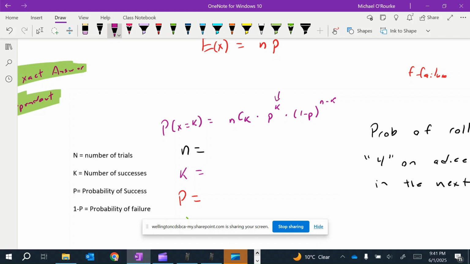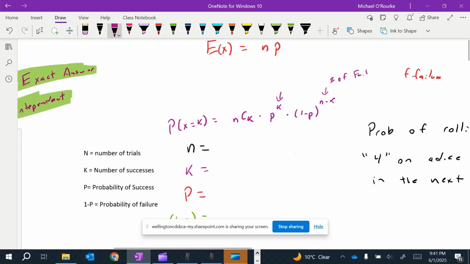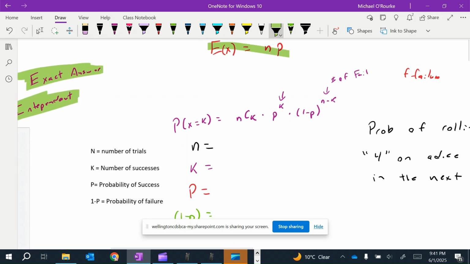So essentially, this is the number of successes and this is the number of failures. Okay. And the other equation for today is going to be E(X) equals np, as in your expected number. So what's your average? What should you have got?